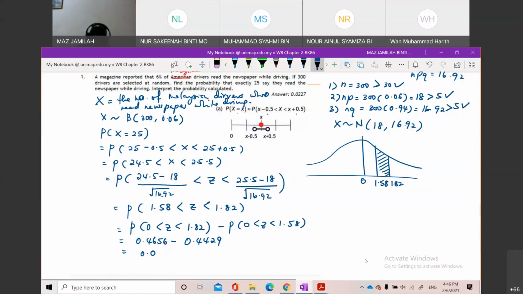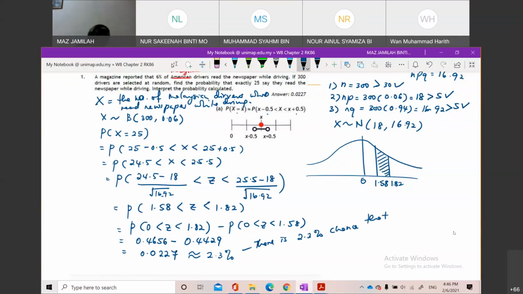You can say there is a 2.3% chance that exactly 25 Malaysian drivers read newspaper while driving.